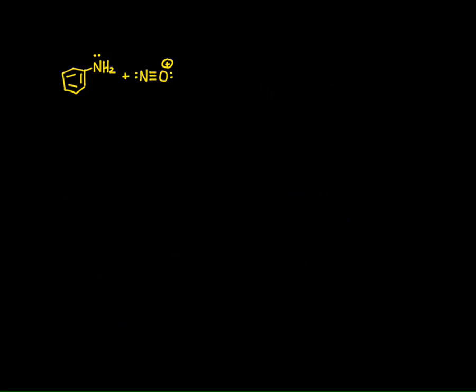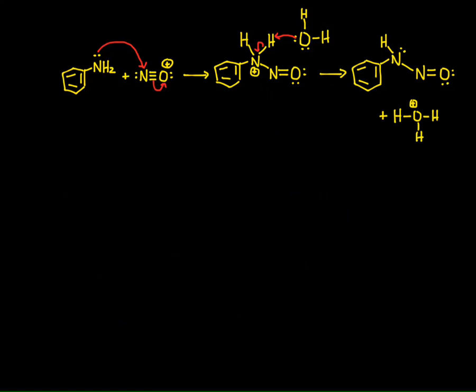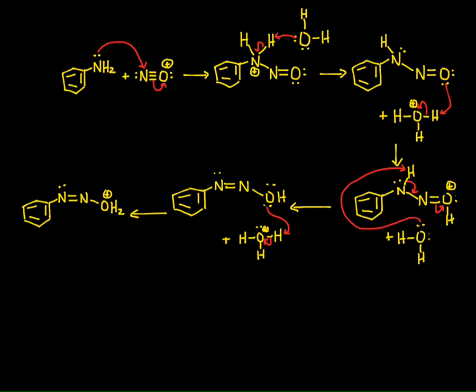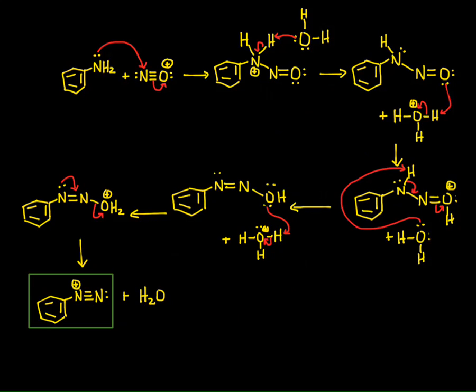Aniline attacks the electrophilic nitrosyl ion at the nitrogen, and upon deprotonation forms what is called the nitrosoaniline. Nitrosoaniline reacts further under acidic conditions, and through a series of proton transfer reactions and subsequent loss of water, yields the diazonium salt.